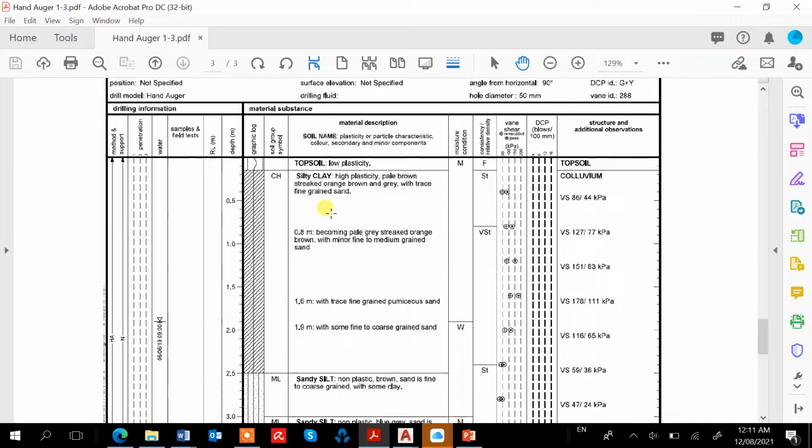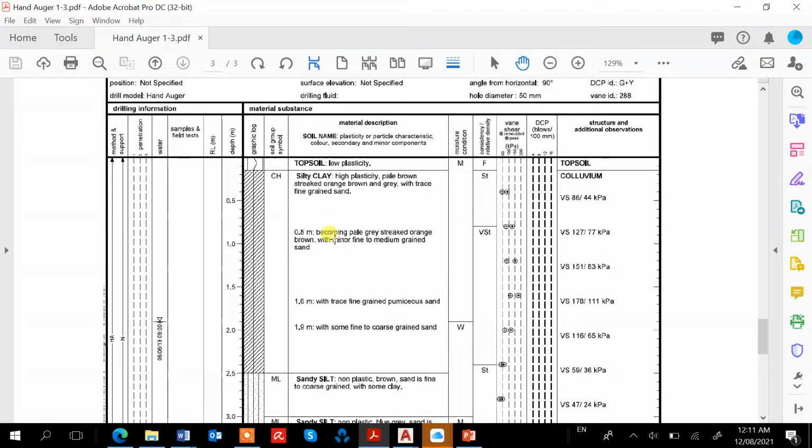We know that the clay probably is not a good soil for the subgrade of the road. We study in Highway 1 that clay can swell when it's wet and can shrink when it's dry.